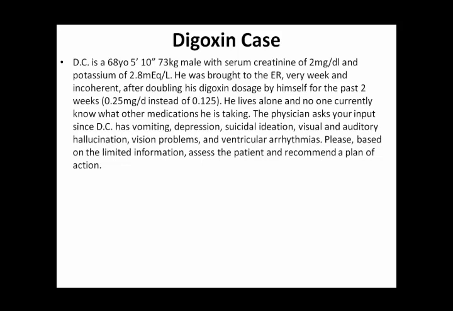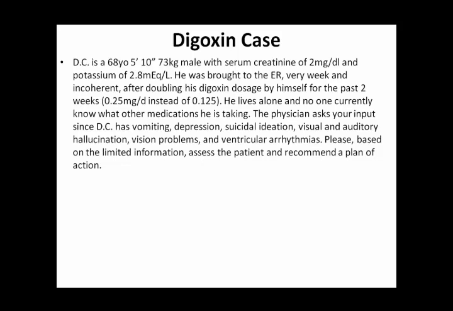He lives alone, with no known medical history or medication, and the physician needs your input. The physician's question may be vague. He or she just asks for input because the patient is vomiting, having depression, suicidal ideation, hallucination, vision problems, and arrhythmia.